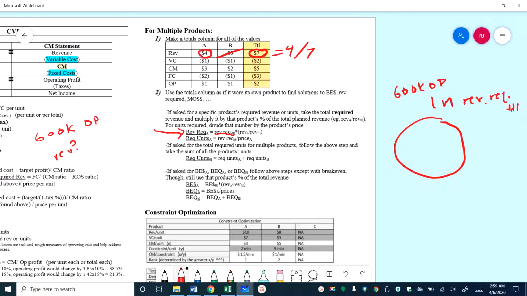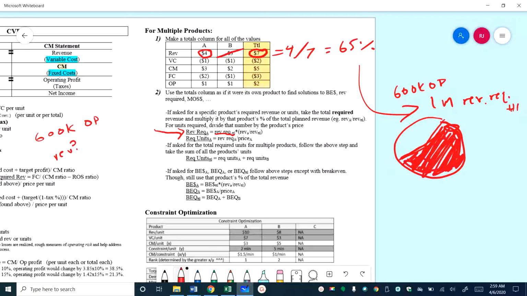And therefore, just to keep it simple, let's say 65%. So if we need to make $1 million, then you simply multiply that 65% for A times that 1 million to figure out what chunk A needs.